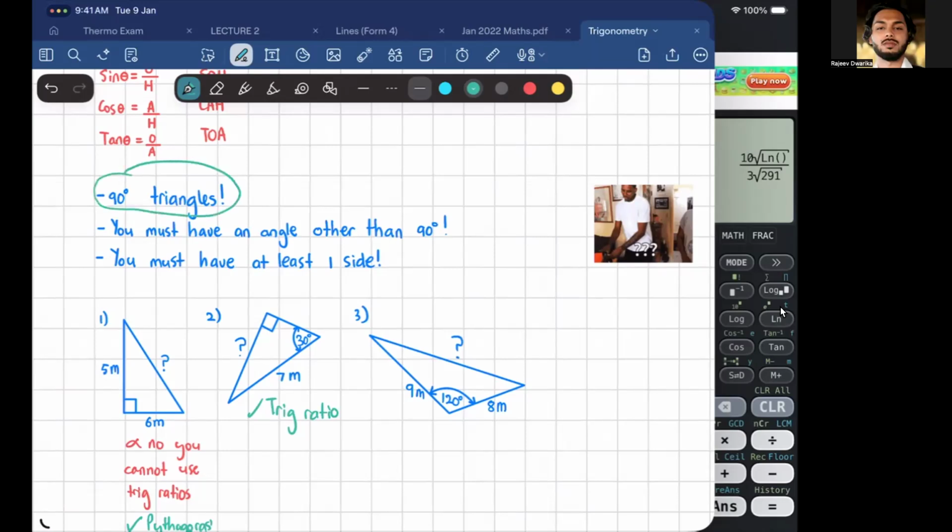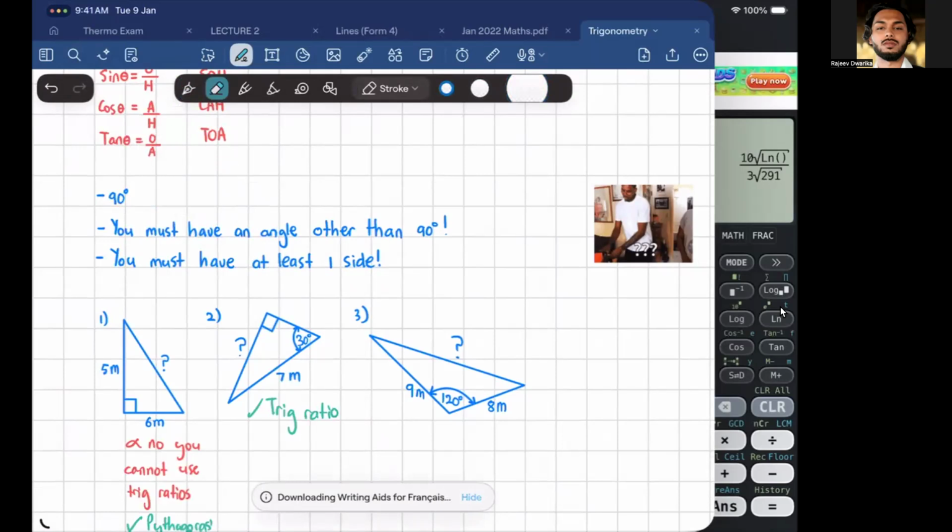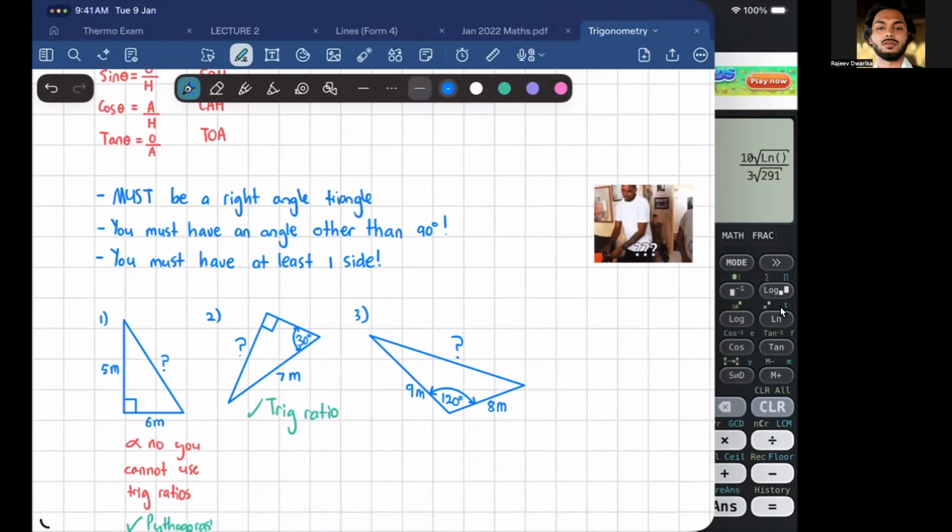It must be a right angle triangle, and in brackets, 90 degrees.